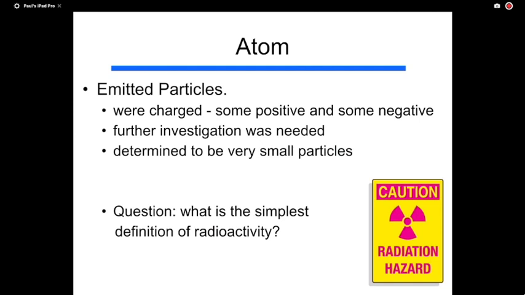We also discovered through lots of experiments that what was falling off was much smaller than any of the atoms. So they had charge, and they were smaller. Remember, the simplest definition is the atom is falling apart. Now, we don't know where the stuff is coming from. We don't know how the atom is organized. We just know the atom is falling apart.